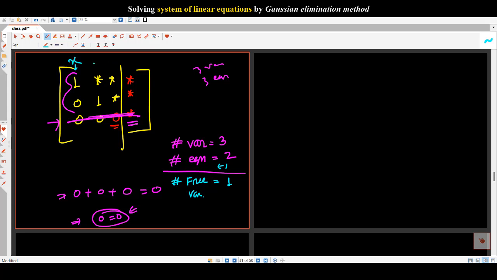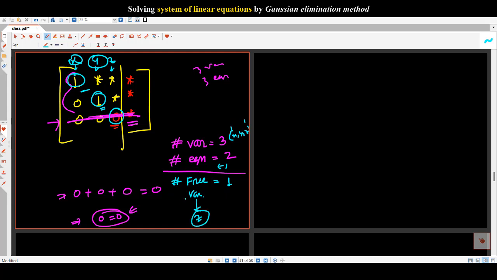This is the column for X, this is the column for Y, this is the column for Z. The X column has a leading 1, the Y column has a leading 1, but the Z column doesn't have a leading 1. So Z is the free variable.